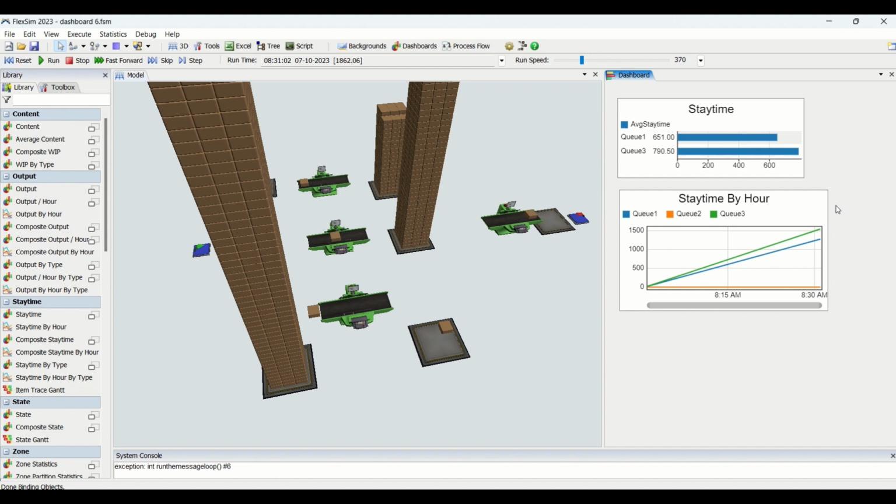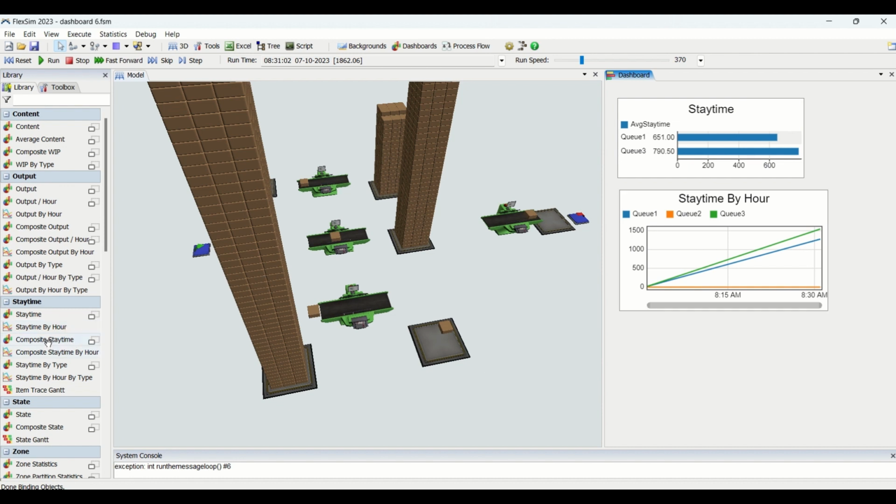It is warning us that there is no issue with Q2 because it is seamless. We have no buffer piled up on Q2, but the issue comes with Q1, where the buffer is linearly moving up. So this is a very important interpretation which we get from the stay time graph.